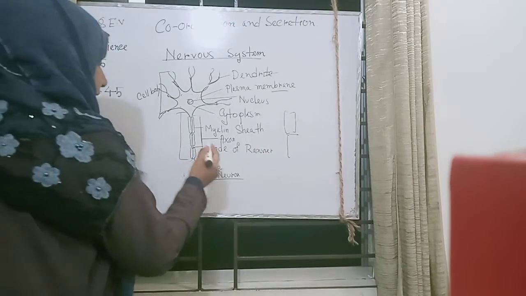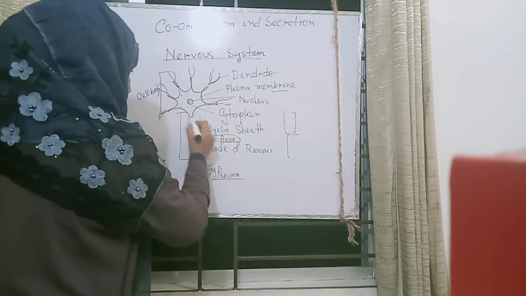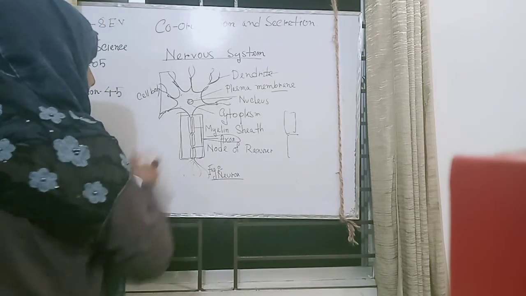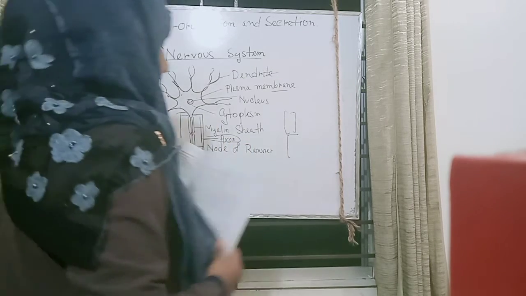The axon is the long thread-like structure originating from the cell body. There is usually only one axon per neuron. The end opposite to the cell body breaks up into many fine branches.